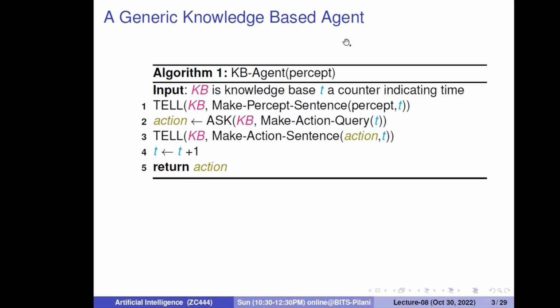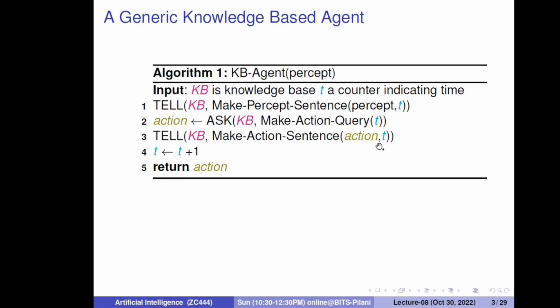So this is the generic knowledge base agent program, where initially it gets the percept. Percept means it sees what is happening over there. At a particular time, it sees what the percept is. Then it passes that to the core part, and using the percept at that particular time and the knowledge base, it does some processing, and after that tells what action you need to take.